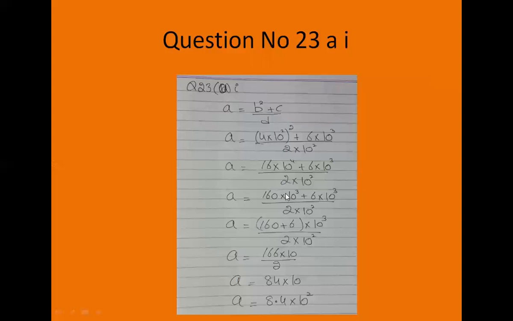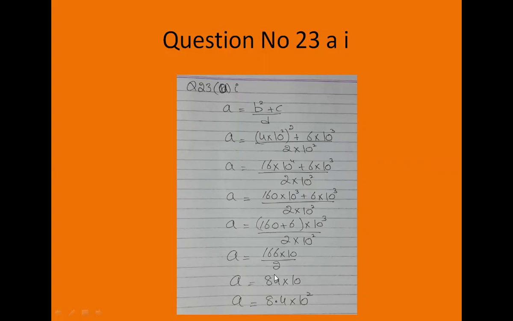So now you have 160 times 10 to the power 3 plus 6 times 10 to the power 3. The idea is I have made the power of both these 10s the same. So I will take this 10 raised to power 3 common, and you will have 160 plus 6 multiplied with 10 to the power 3, divided by 2 into 10 to the power 2. This becomes 166, and 10 square and 10 raised to power 3 cancel, so you are left with 10 raised to power 1 upstairs.